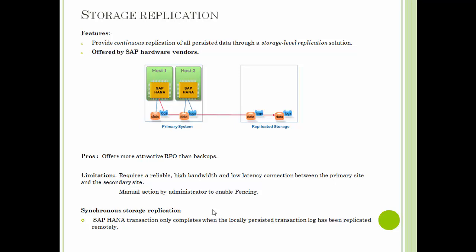And this secondary system can be located near the primary system to serve as a rapid failover solution for planned downtime or to handle any sort of storage corruption or other local faults. Or it can be installed in a remote site also to be used in a disaster recovery scenario. So it can be used other than in an actual disaster recovery scenario, where it can be used to combat any local faults within the same site.